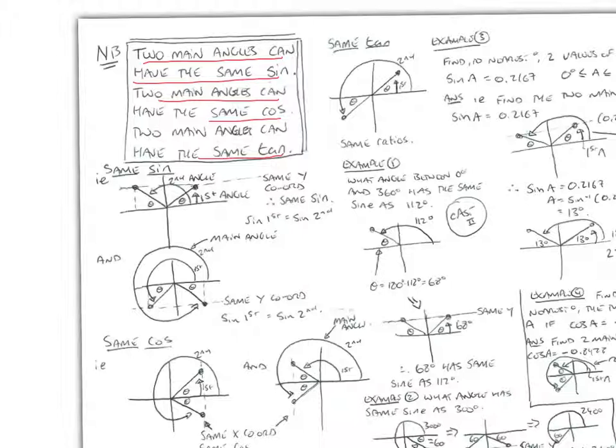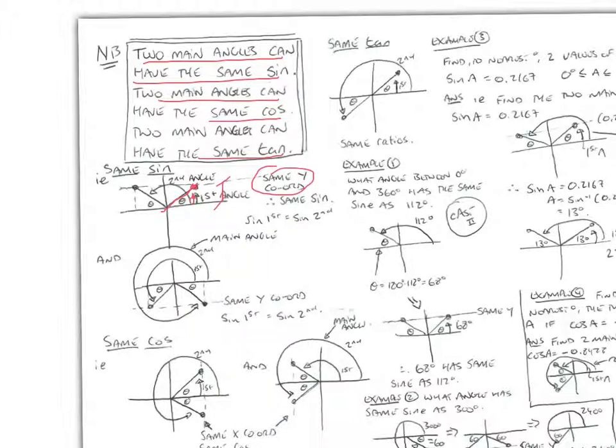Well, if we think about two angles having the same sine, remember that sine refers to the y coordinate. So we could have an angle here, and that's our first angle, and it has a sine value, the same as its y coordinate value, the distance from here to here.